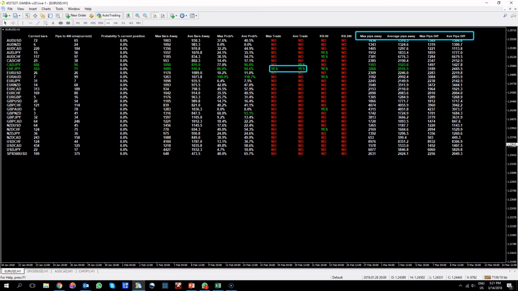So what we're really looking for here is, is there a high probability trade setup on our hands? And as soon as we get these yeses lighting up here on the max and average, we can immediately go across to the Swiss franc yen. Let's take a look here.